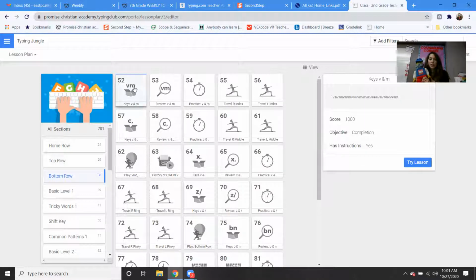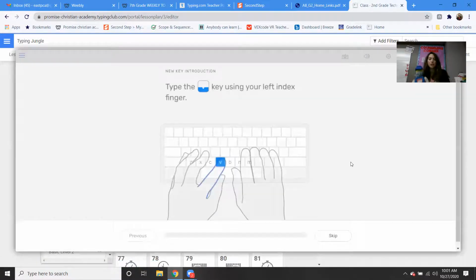So we're learning the letters V and M. I'm just going to open up one of the lessons to show you. It tells you how to type. When you see the blue, it's showing you which finger you're supposed to be using to type on that letter. For example, with V, it was your left pointer finger.